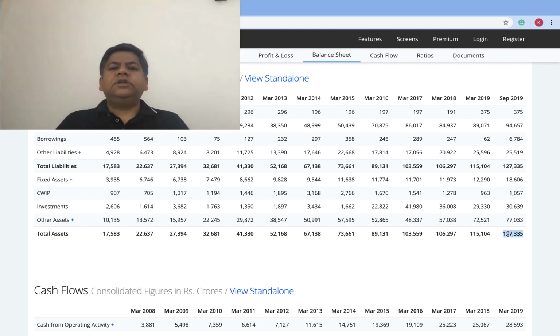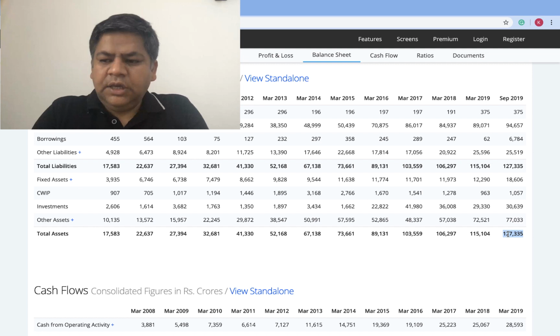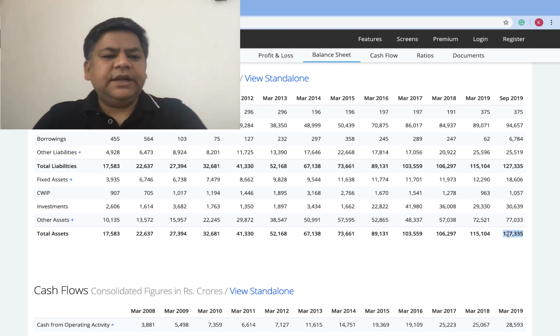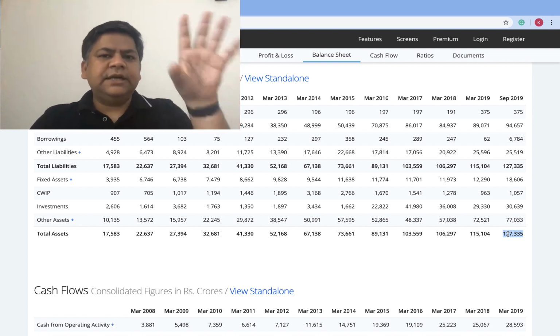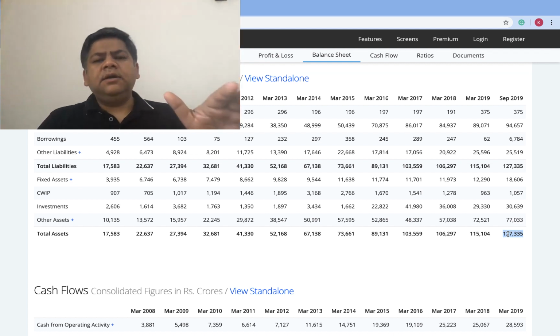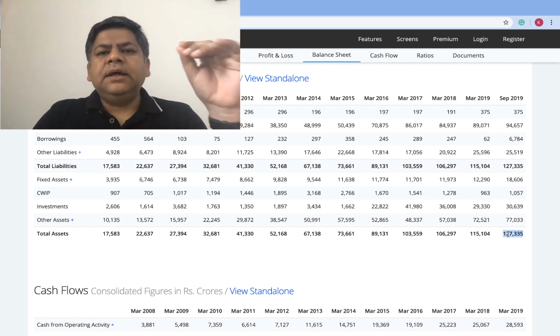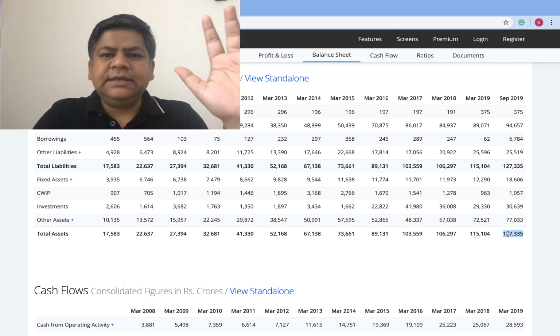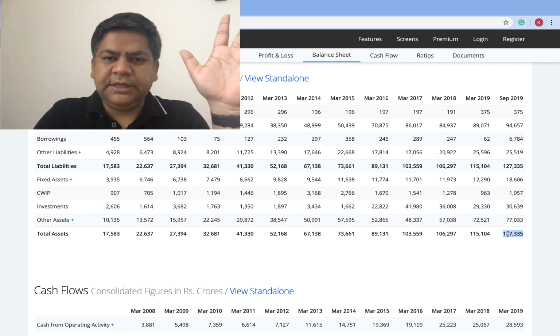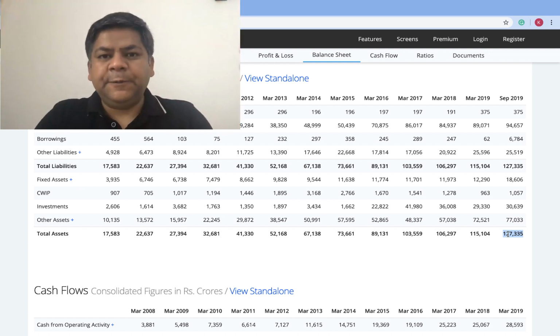If you go and check the real balance sheet, you will see many different other heads on the liability side and asset side also, categorized into current and non-current assets and current and non-current liabilities. I'll not go there right now.